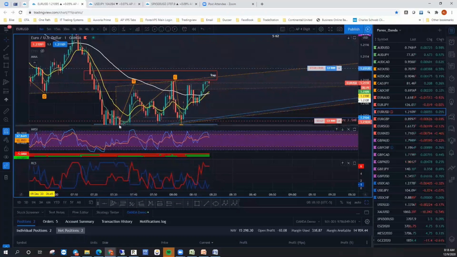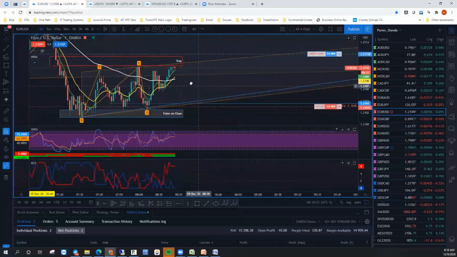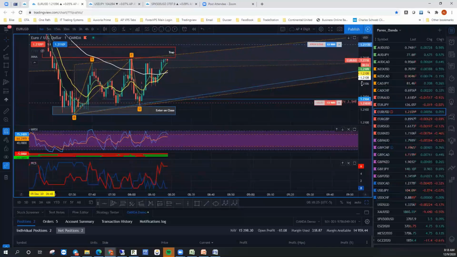From this point, here's a high. There's a little bit of a higher high, not much, but a little bit. Here's a low. Here's a little bit higher low. It's starting to trend at a very gradual angle. And a lot of times you get these real gradual angles, and then it drops pretty hard.